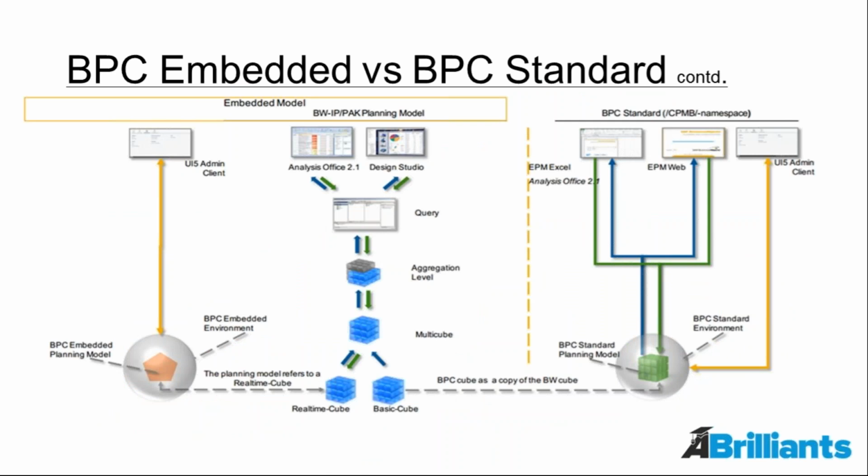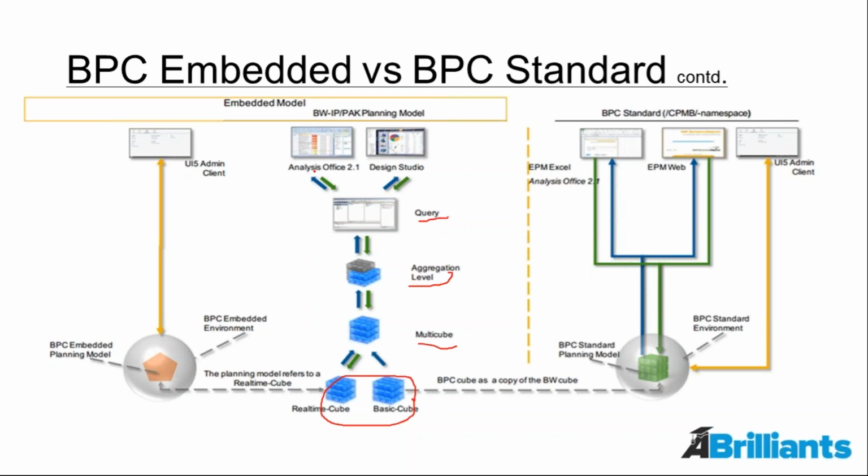Moving on to my next slide. It also focuses on the difference between embedded and BPC standard. For embedded, we have the basic cube and real-time cube in BW, then a multi-cube, and on top of that the aggregation layer, and then we create the query.